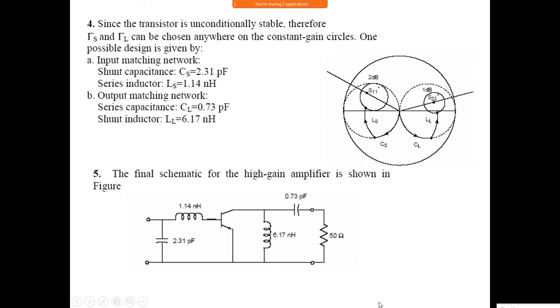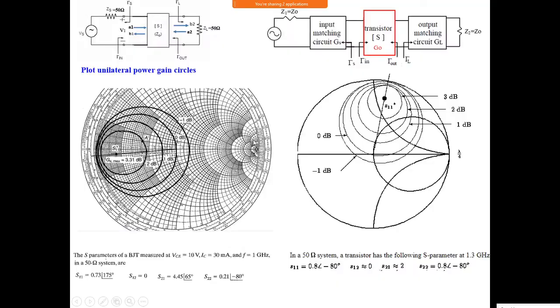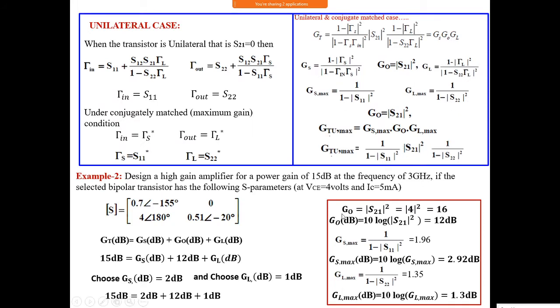So this is only the amplifier design. At RF and microwave, designing an input matching network and output matching network is very important. How to do them? Based on the gain requirement. Whatever gain is required, you select the maximum and minimum values. Like this, I want 15 dB.